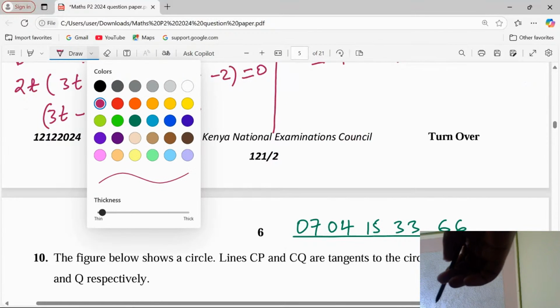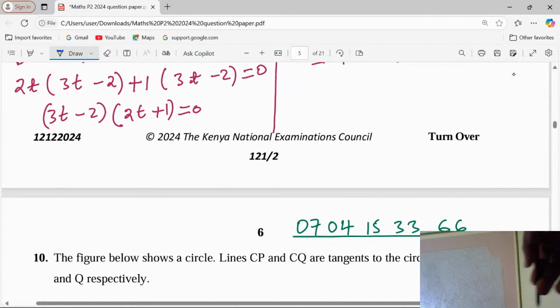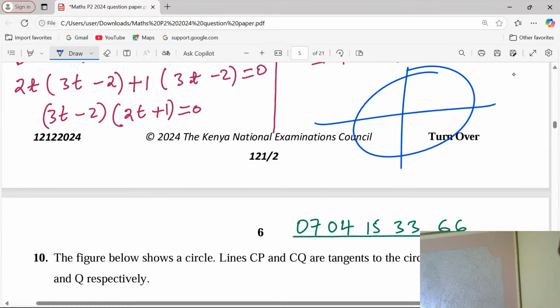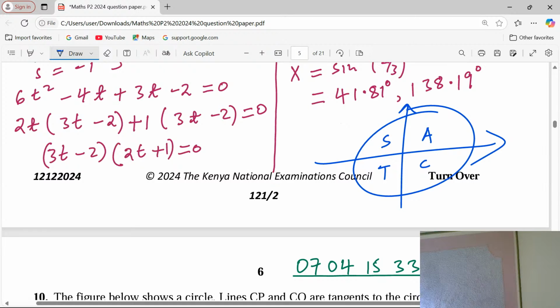Now, if you measure angles in different quadrants of the unit circle, it's good to know that in the first quadrant, all trigonometric ratios are positive. In the second, only sine. In the third, only tangent. And in the fourth, only cosine is positive. An acute angle measured in the first quadrant is given the way it is.